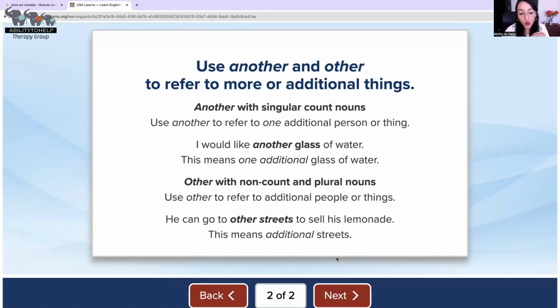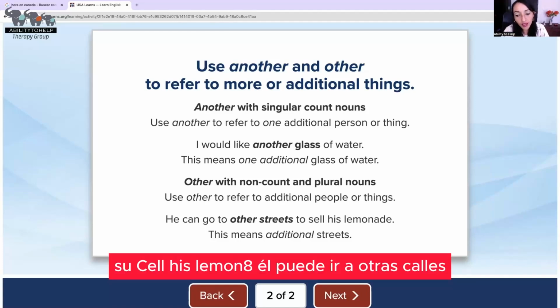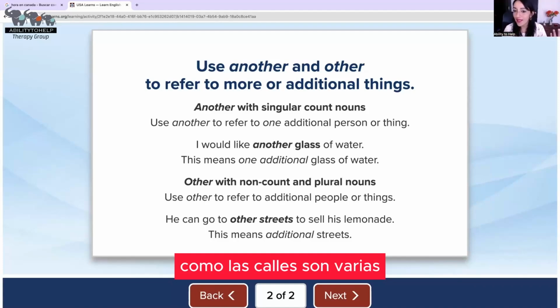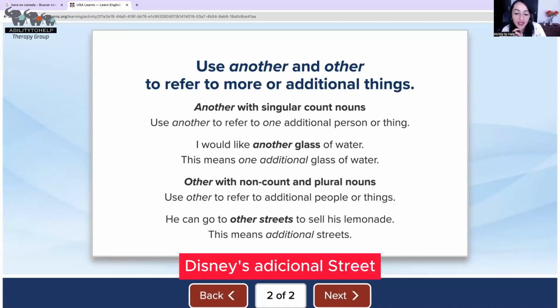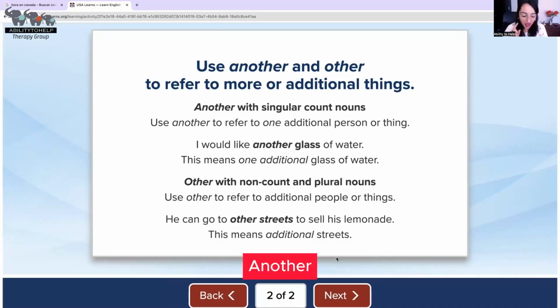He can go to other streets to sell his lemonade. Él puede ir a otras calles. Como las calles son varias, no puedes decir another. Tienes que decir other. This means additional streets. No lo olvides.